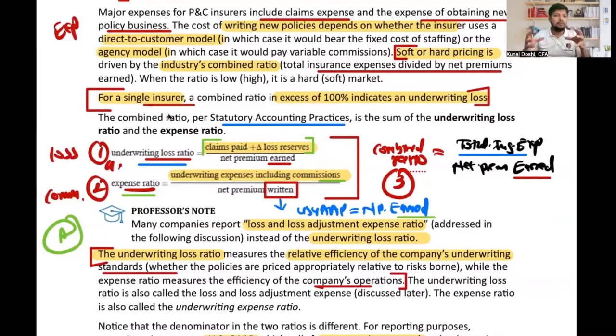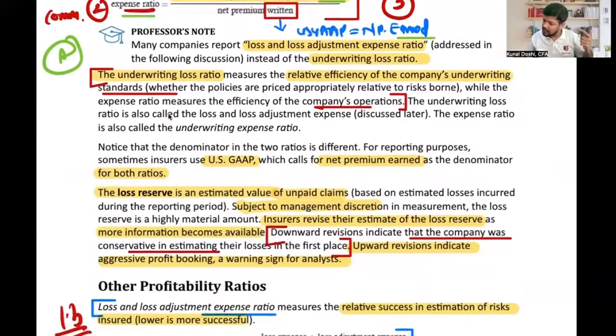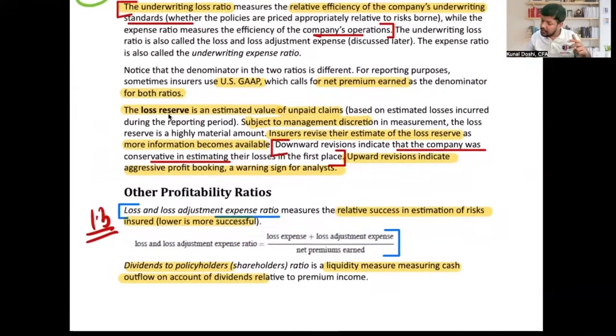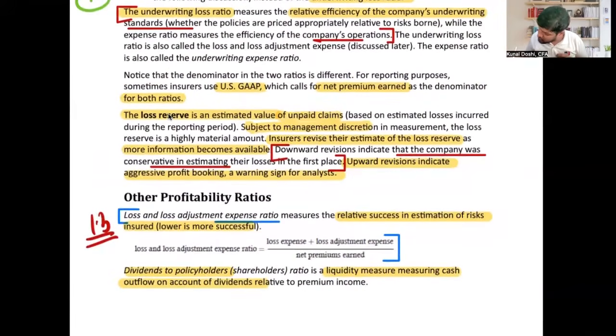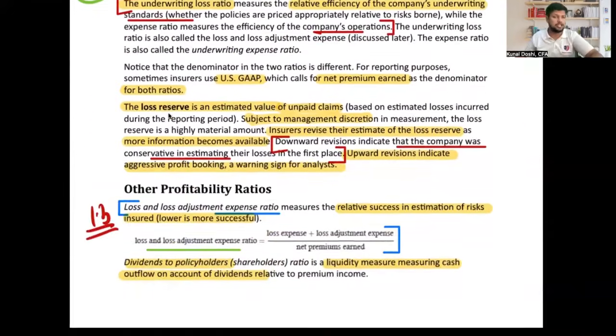Okay. Put together, we get a combined ratio. For your exam, just focus on net premium earned in the denominator. Combined ratio is the underwriting loss ratio and expense ratio, both of which you want to be lower. Okay, everyone? Correct. Now, there is another ratio called the loss and loss adjustment ratio, which is a replacement of your underwriting loss ratio.